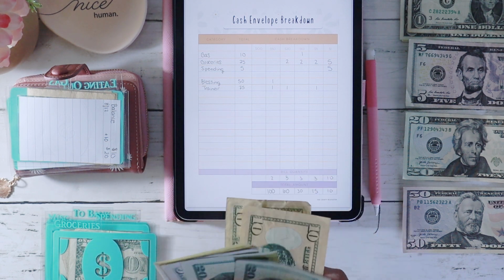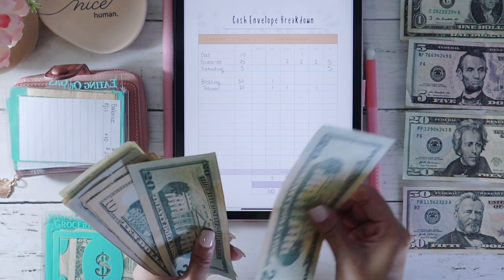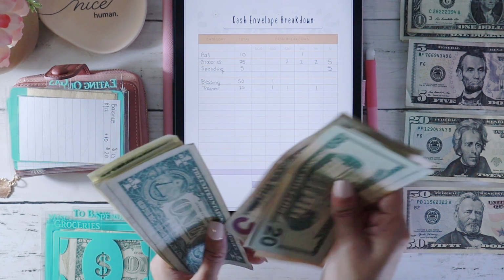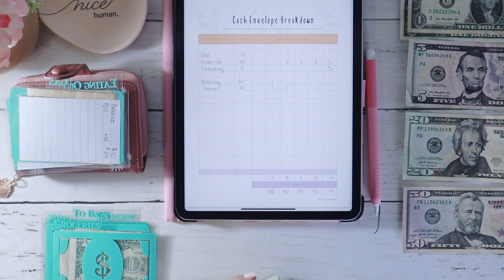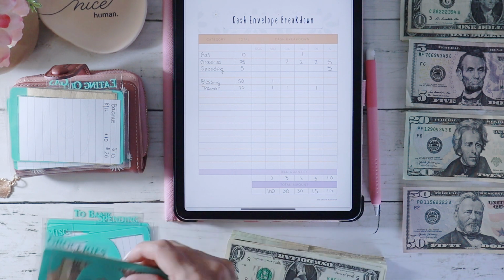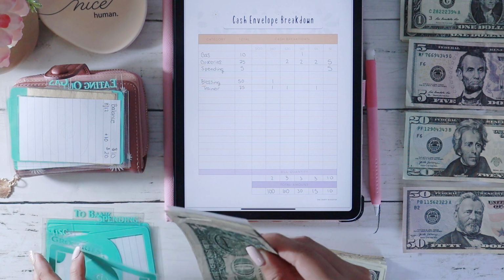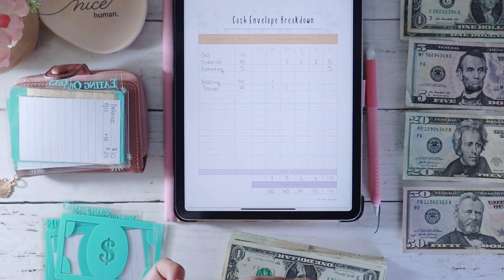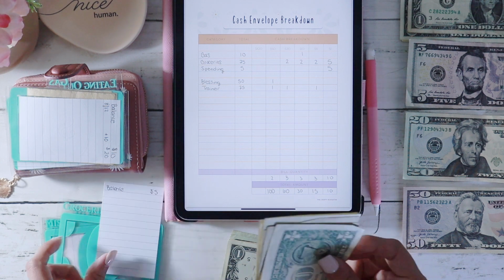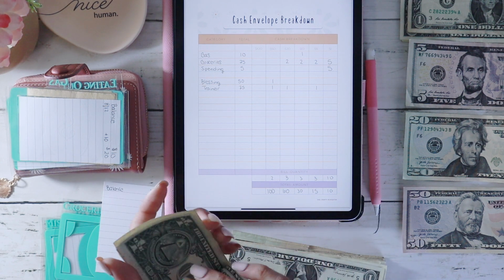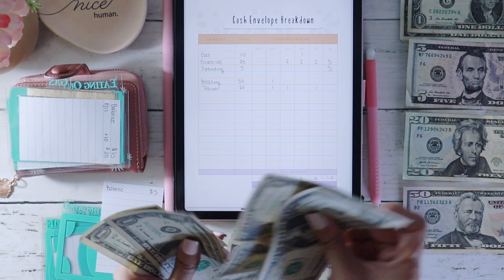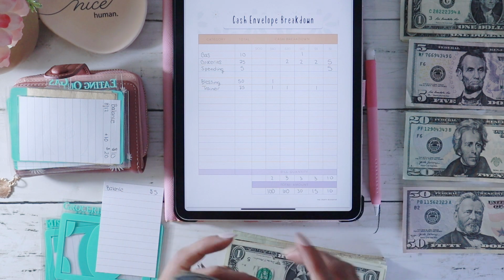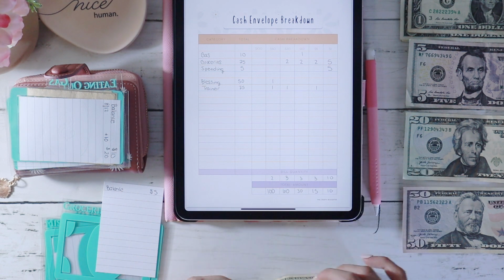So that's 20, 40, 50, 60, 65, 70, 71, 2, 3, 4, 75. So $75. I do have money left over from the prior time. I have $5. So I'm just gonna keep this for the upcoming week. 1, 2, 3, 4, 5. So with the 75, we have $80.